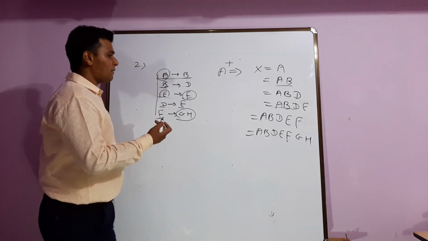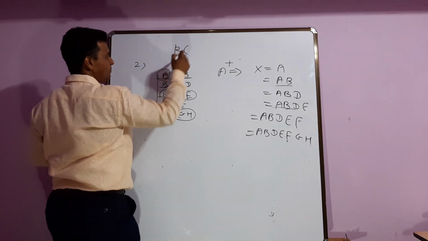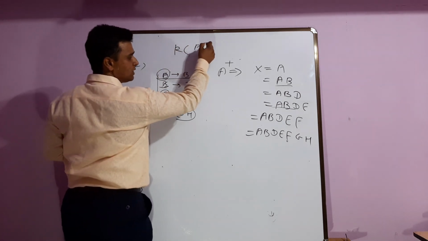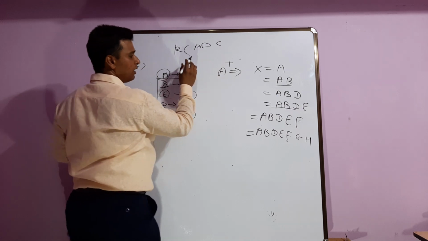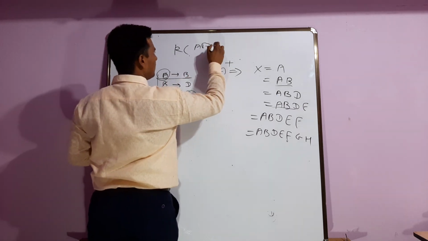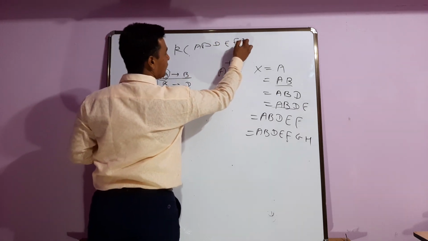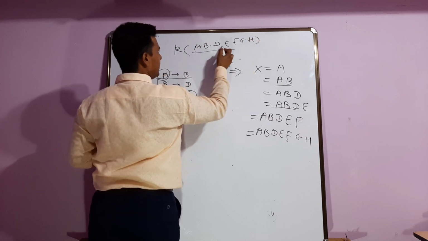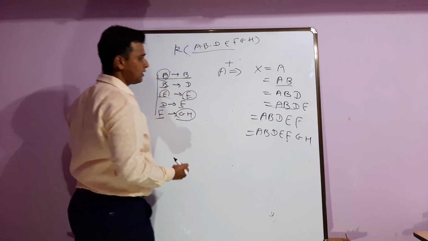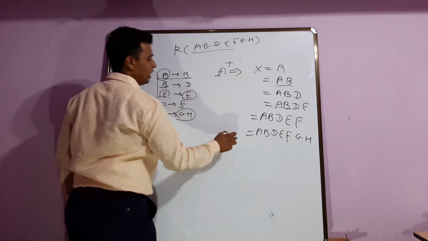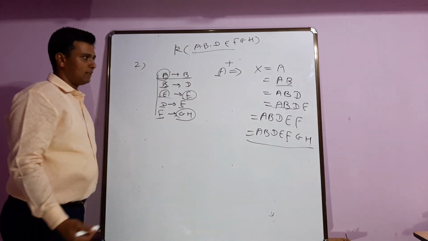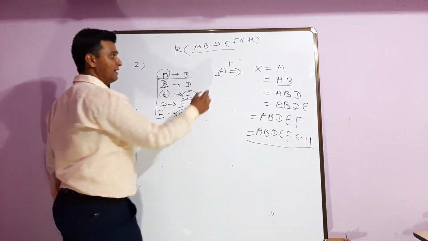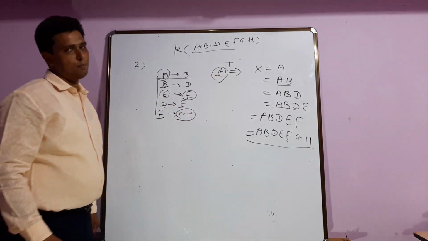Now let's say R is a relation having A, B, C, D, E, F, G, H. A, B, D, E, F, G, H are all the attributes here, C is not. When A determines all the attributes of the relation, that time A can be called a candidate key, or you can say A can be called a primary key.